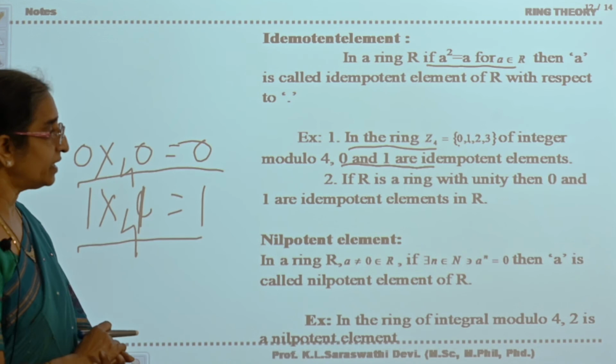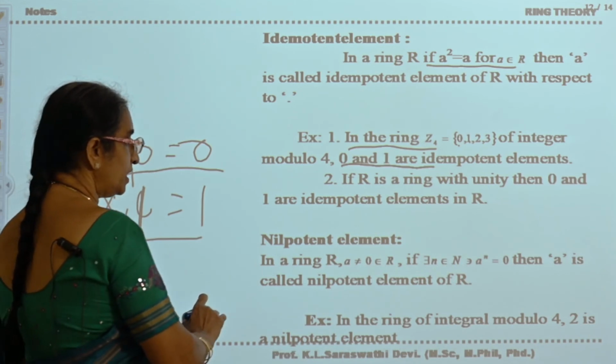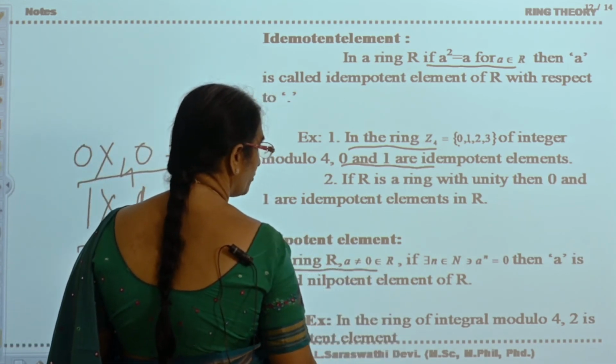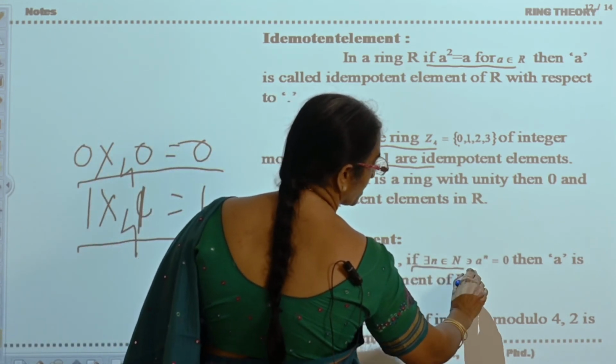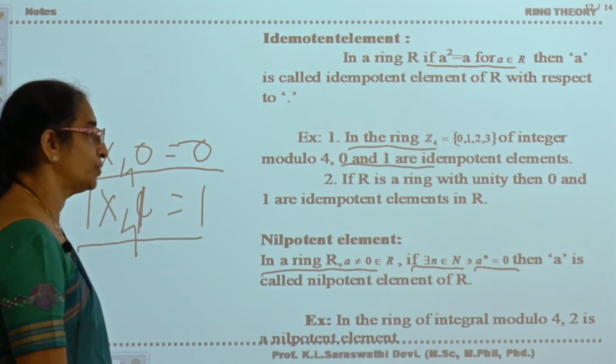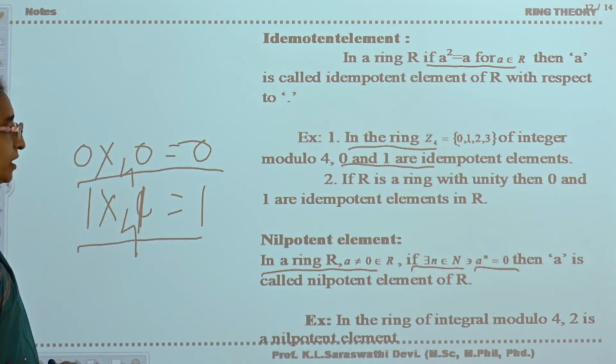Next, if R is a ring with unity, then 0 and 1 are idempotent elements in R. Similarly, nilpotent elements. In a ring R, A is not equal to 0 belongs to R. If there exists n belongs to N such that A power n is equal to 0, then A is called a nilpotent element of R. In the ring of integers modulo 4, 2 is a nilpotent element.